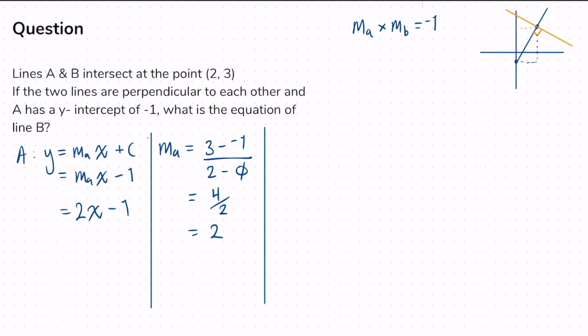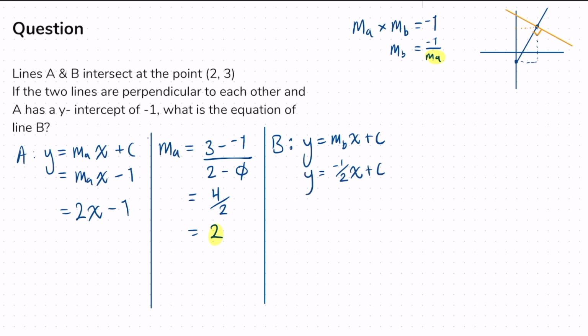Well, what about B? One way that I can think about B is y equal to the gradient of B times x plus c. Now I don't know c, all I know is it's going to be more than 3, but I also know that the gradient of B is equal to -1 over the gradient of A. What is that? The gradient of A is 2, so this is going to be -1 over 2 right there.